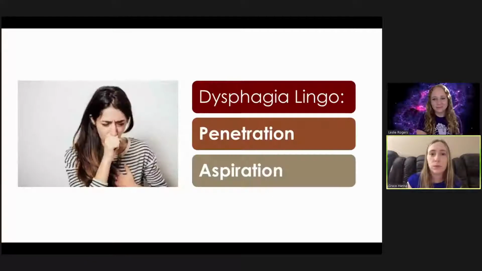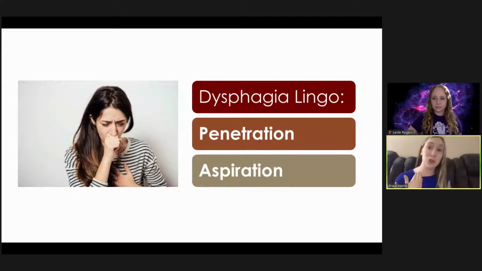Thank you. So we've got dysphagia. Dysphagia means difficulty swallowing or not appropriately swallowing. And get your mind out of the gutter, guys. Penetration is a type of dysphagia where the food or drink you swallow is at the level of the vocal folds. Okay, not good. We want it in our esophagus, all right?